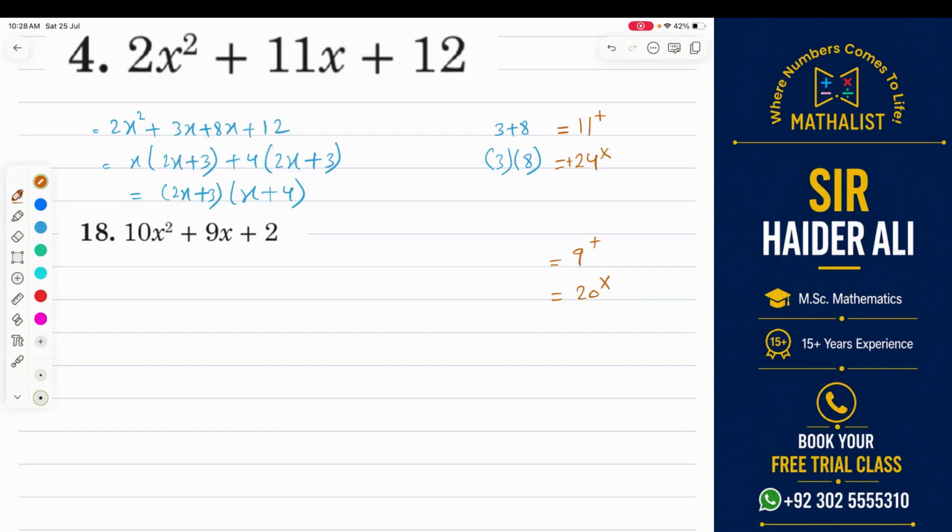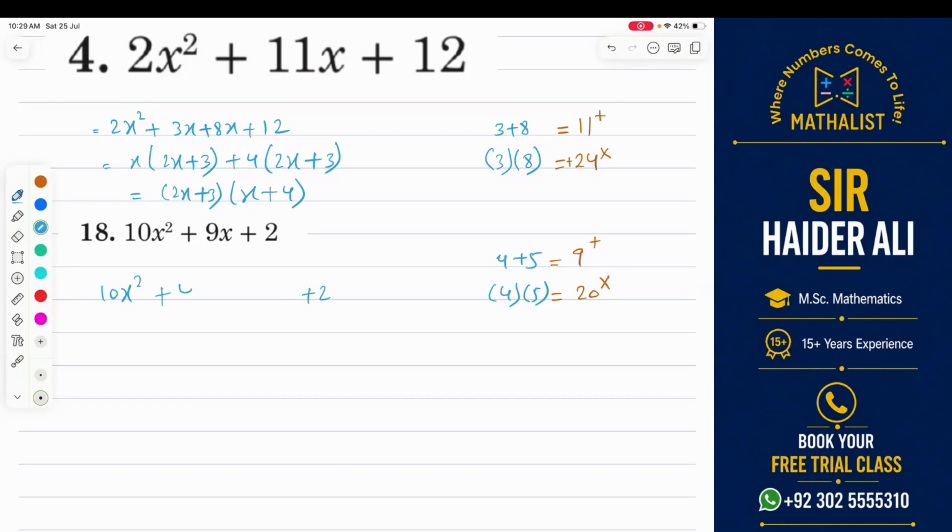If you multiply the numbers, you get 20, and if you add the numbers, you get 9. 20 comes on which table? 2 10s, but when you add it's 12, right? So 2 is not acceptable. After that 4 5s, and if you add these two numbers, that means this is accurate.